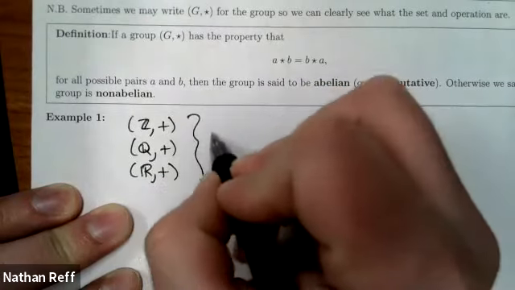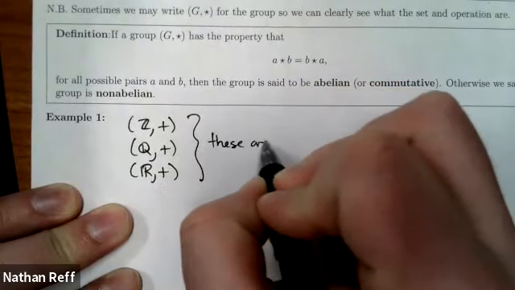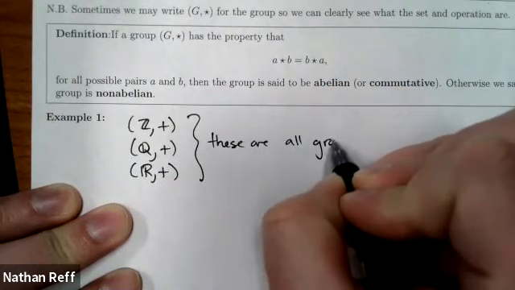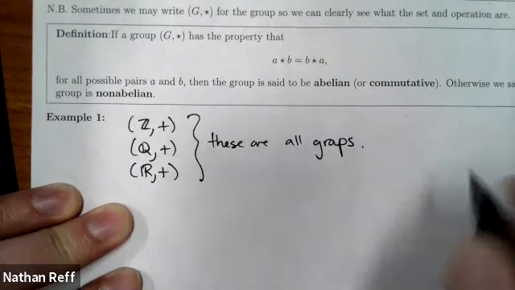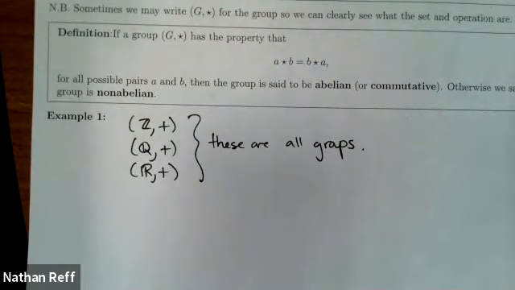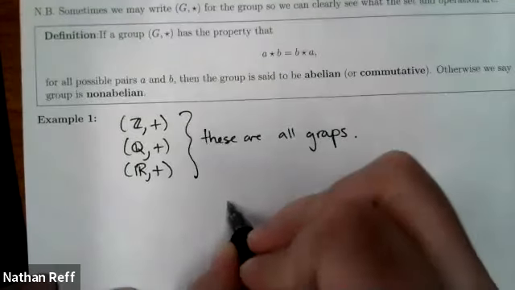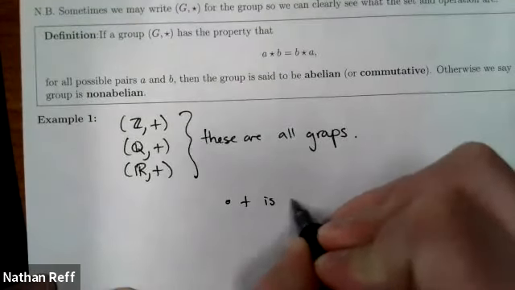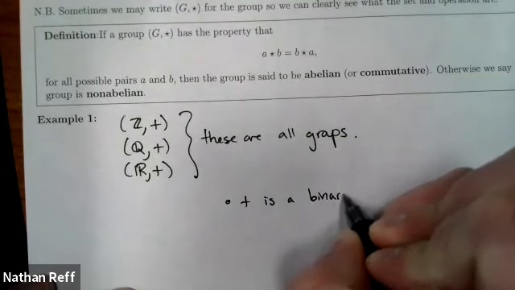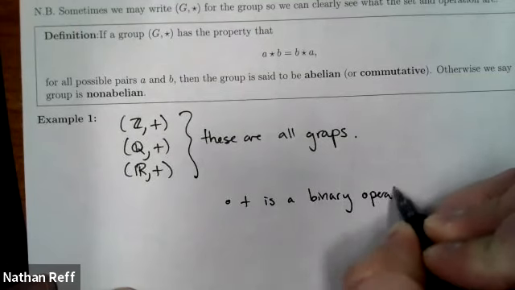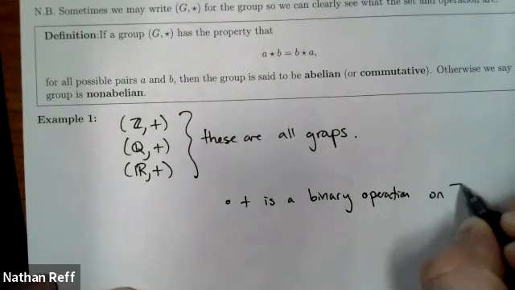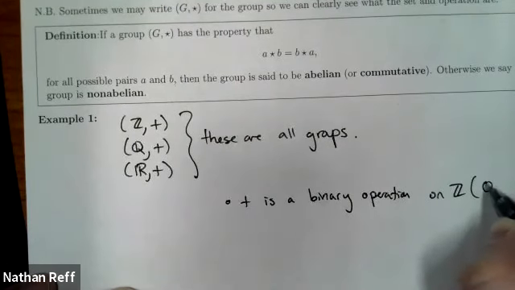These are all groups, right? The addition is a binary operation on the integers, which we mentioned, Q and R as well.